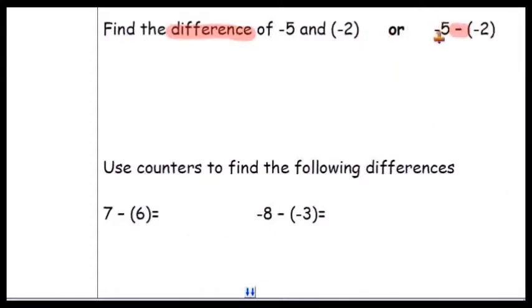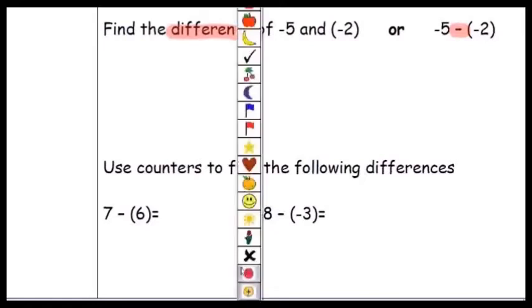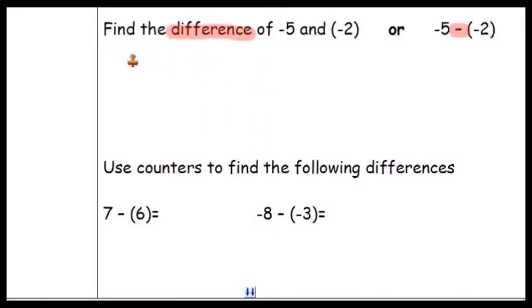I have 5 negatives first to draw. So I need to choose the negative counter icon, and this is step 1: 1, 2, 3, 4, and 5. Those are my 5 negative counters. Step number 2 is to show that I'm going to take away 2 of those negatives. So again, I'm going to recopy my first 5 counters.